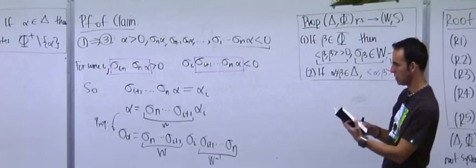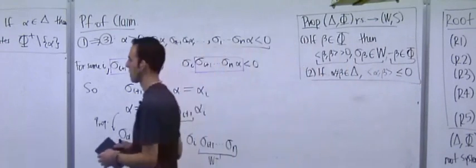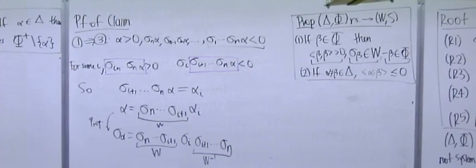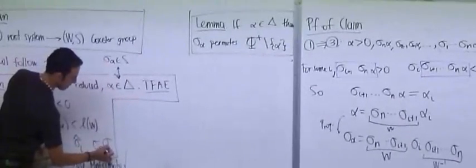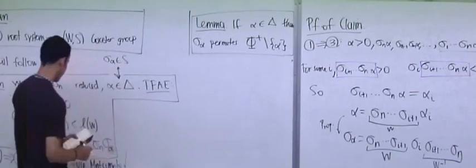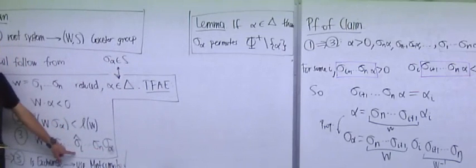I think I wrote this incorrectly, because I want that if I multiply w by sigma alpha and I become shorter, what I want to say is basically that a word for w can be obtained by putting sigma alpha at the end and exchanging it with some sigma i.